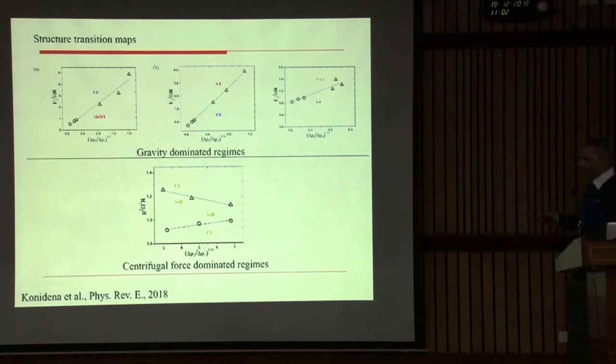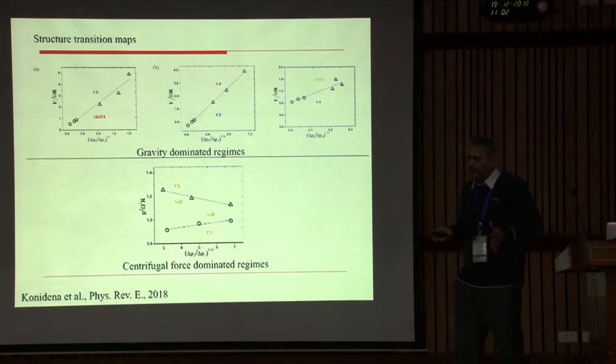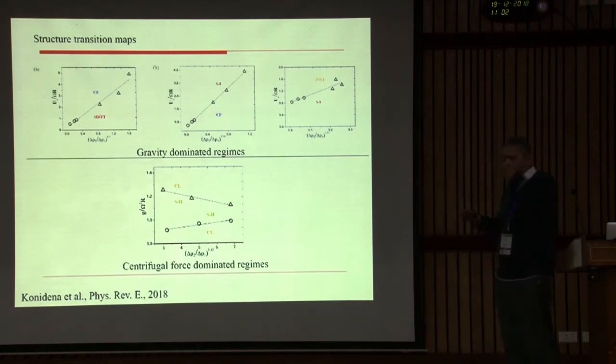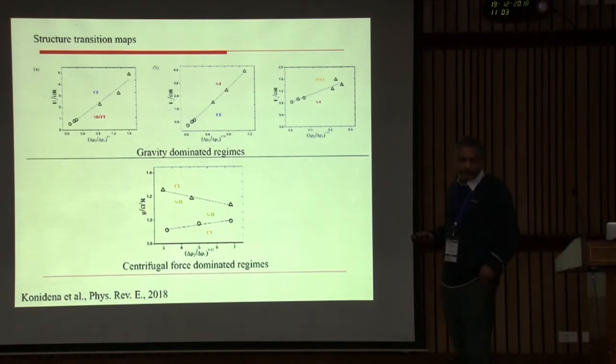This says that the gravity dominated regime for floating as well as settling systems is identical. They are correlated as expected, because only the direction changes. However, in the centrifugal force dominated regime, they are not. Even though they are linear, they are opposite. The one for the sedimenting case is going down and this one is going up. It's because of the direction of the centrifugal force.